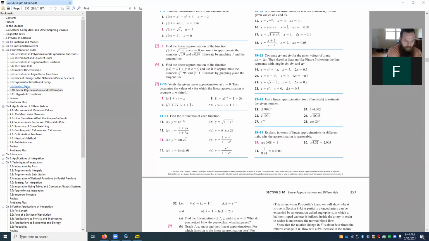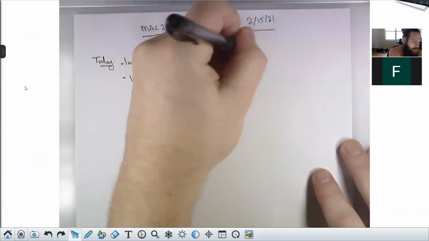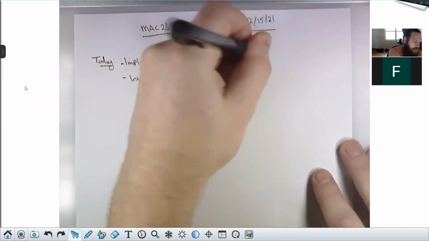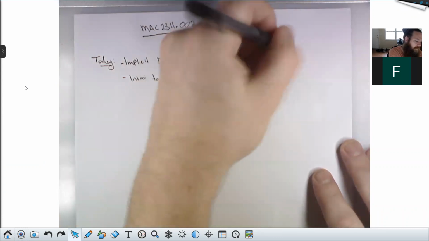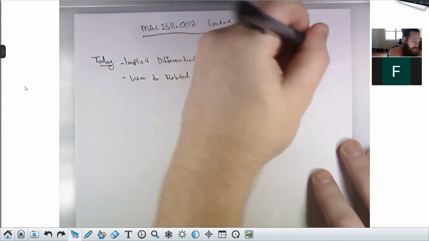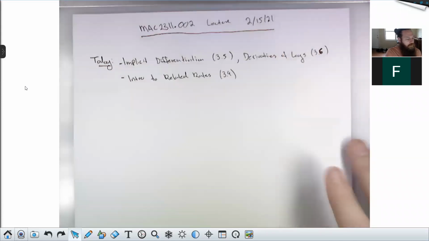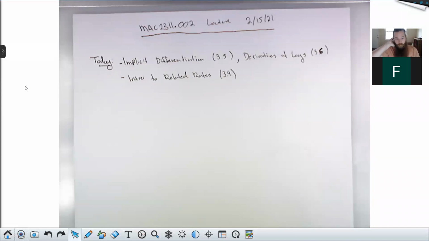So I'll put it like this. We're going to do implicit differentiation and derivatives of logs. That's 3.6. And then we're going to introduce related rates given enough time. And really the plan for this week is to finish related rates.